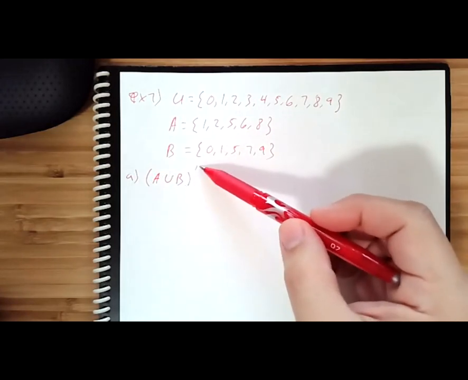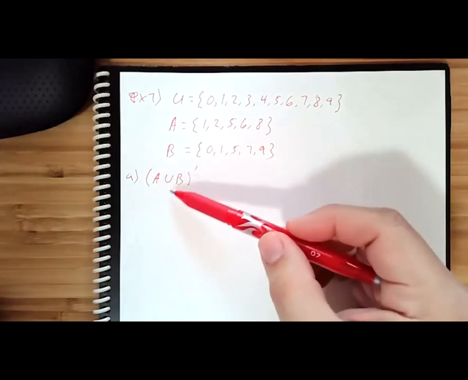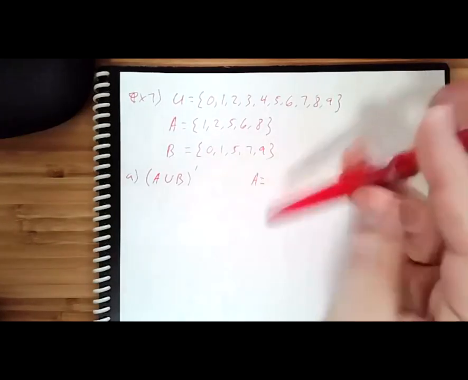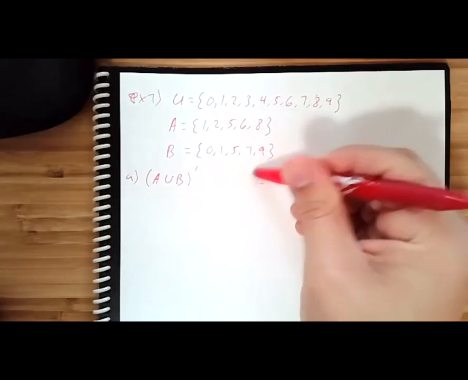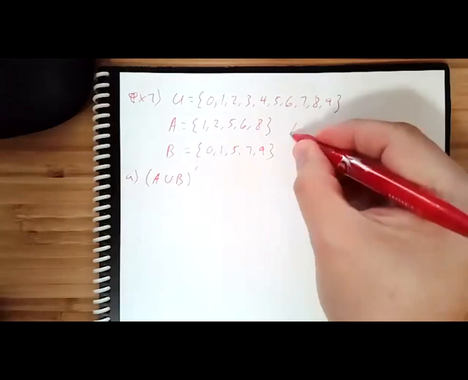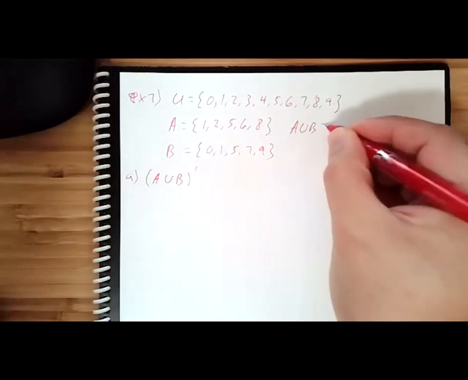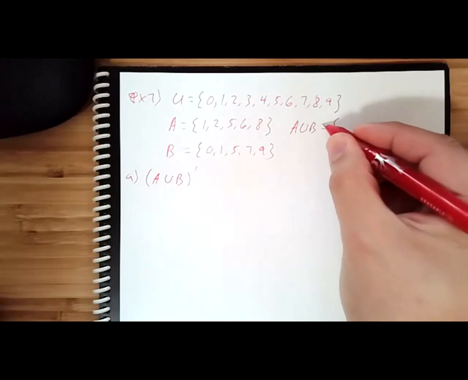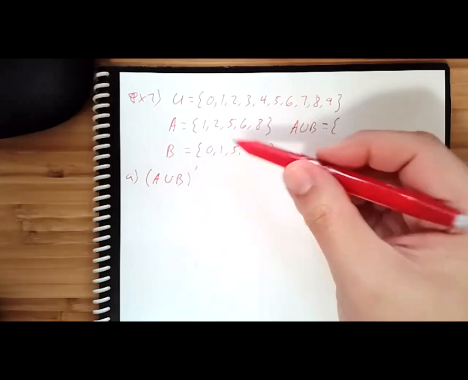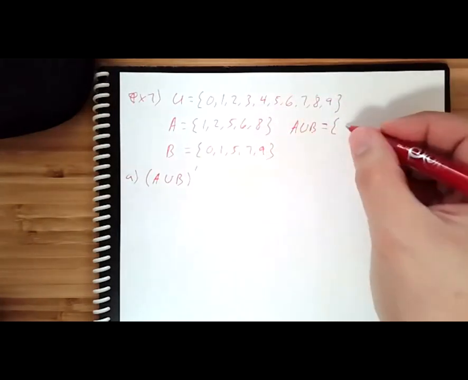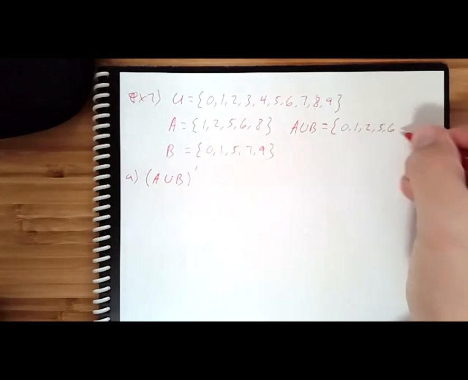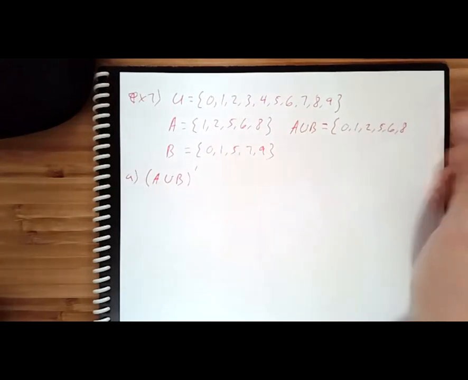Because this complement means not this. So what you could do first is say, let me just find A union B first. So combine them together into one set. You're going to get 0, 1, 2, 5, 6, 7, 8, 9.